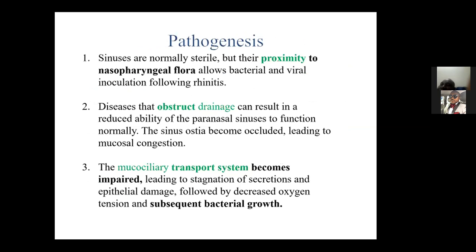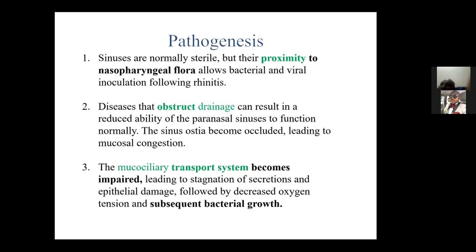Now, what is the pathogenesis that actually causes sinusitis? Sinuses are normally sterile, but their proximity to nasopharyngeal flora allows bacterial and viral infection and inoculation, which can also be followed by rhinitis, popularly called catarrh. Diseases that obstruct drainage of the sinus contents can reduce the ability of the paranasal sinuses to function normally.